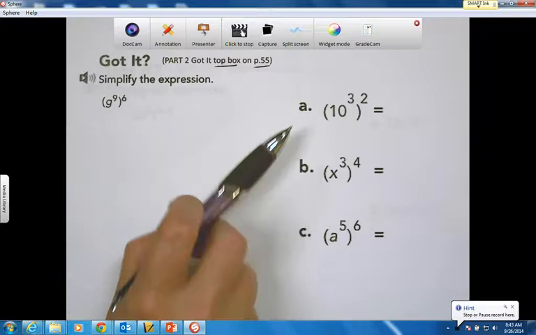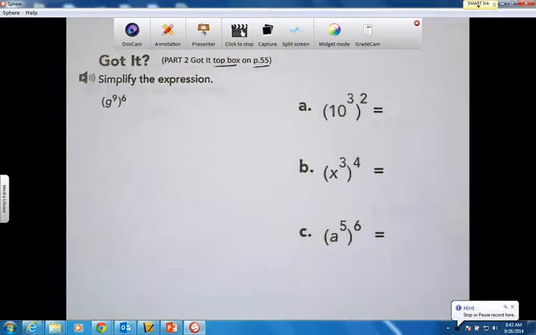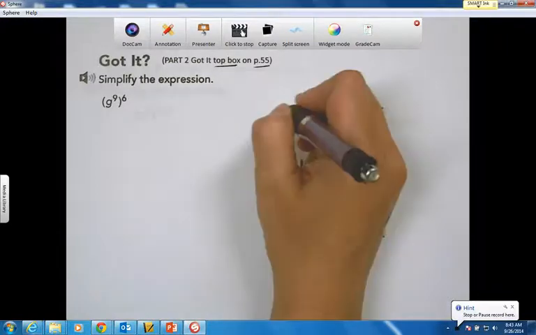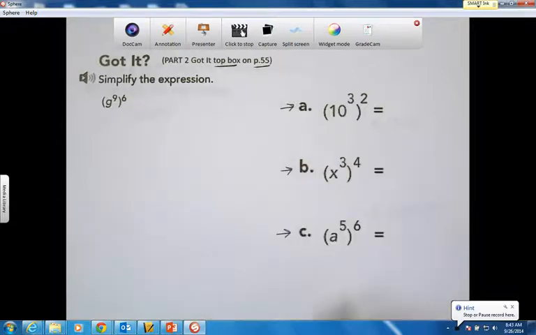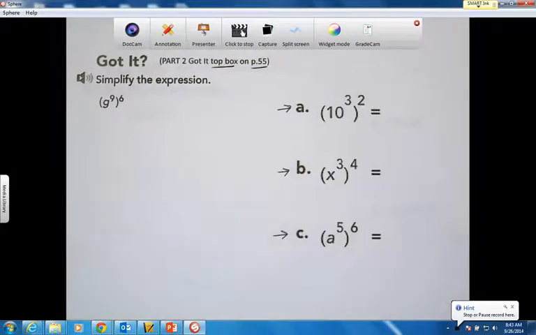So go ahead and write down A, B, and C in that top box. And we're going to talk about what this means, and then I'll show you what the rule is.